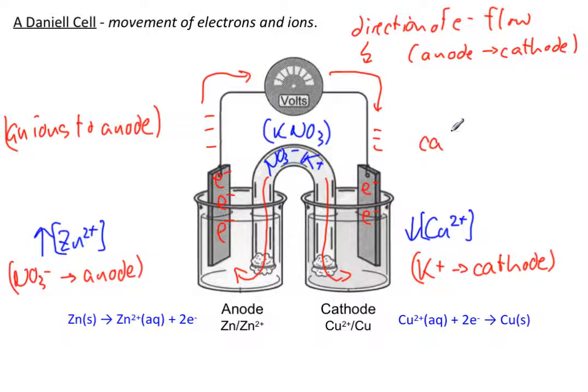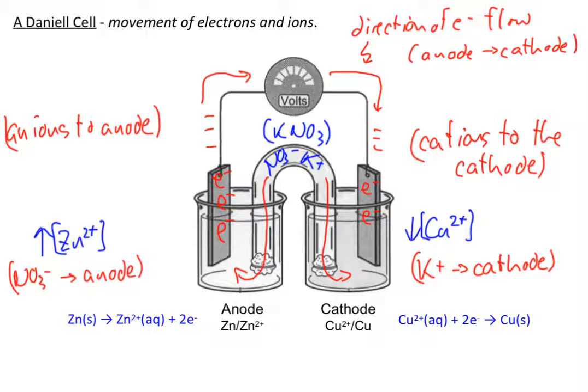And so again, cations to the cathode. That basically occurs with any galvanic cell like this. You need ions in solution that can move either to the anode or the cathode to maintain electrical neutrality and maintain that electron flow, or that current, that you're trying to establish.